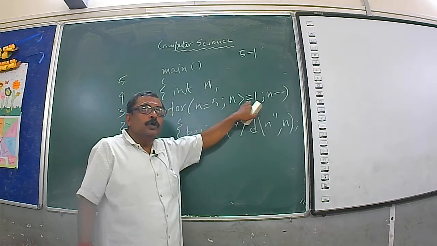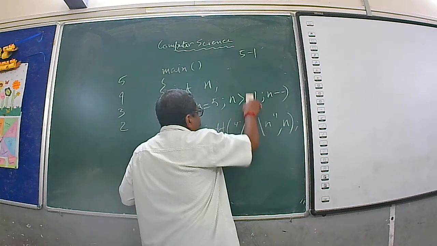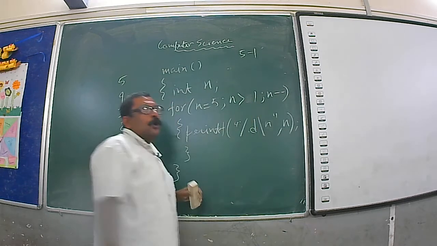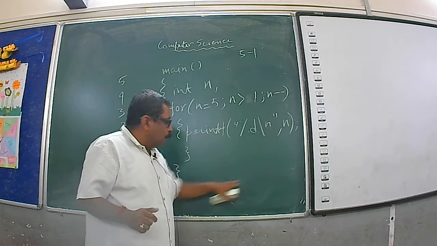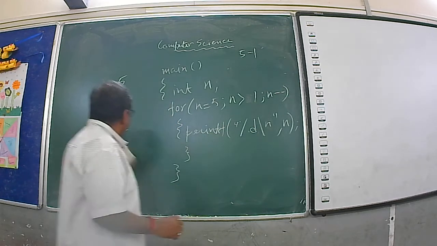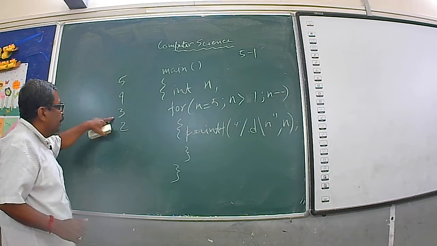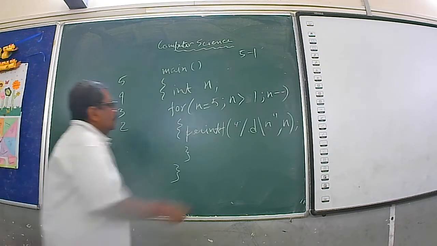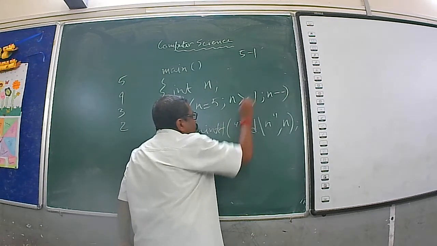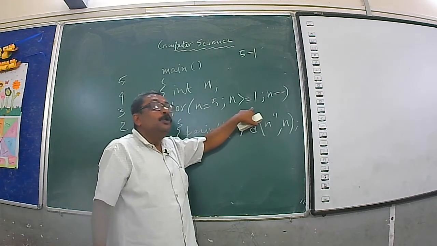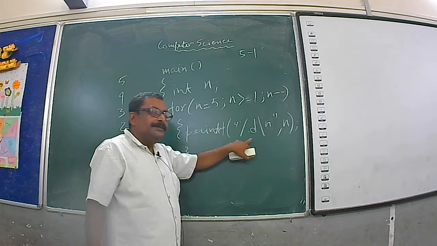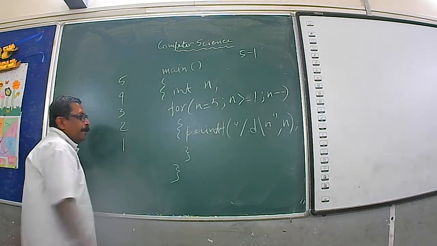Now if I do not give the is equal to symbol, 1 greater than 1 is false. It will come out from the loop. Your output will be 5, 4, 3, 2. But if you put greater than or equal to 1, then 1 greater than or equal to 1 is true. Then it will print 1.